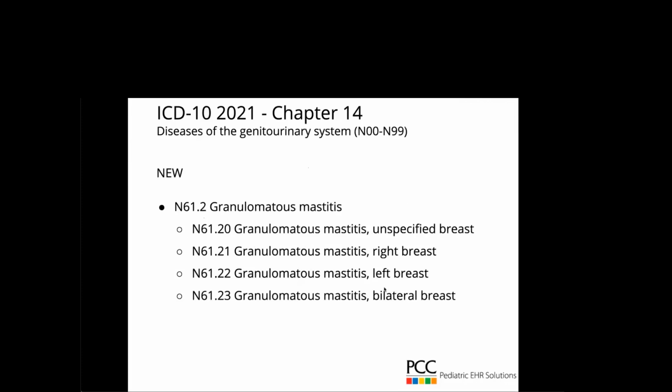Staying with chapter 14, granulomatous mastitis has been added to, there is a whole series of codes added to help you express laterality for that condition. Having mastitis as a mom's condition, I took the chance because it's in the N category. I don't suspect you're treating moms for these conditions.